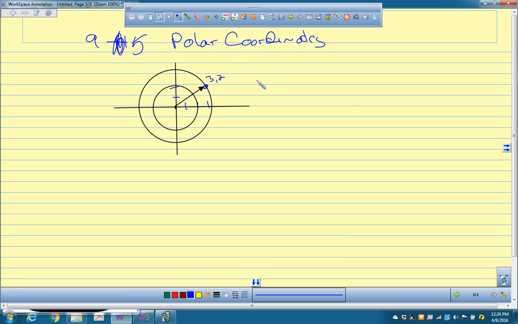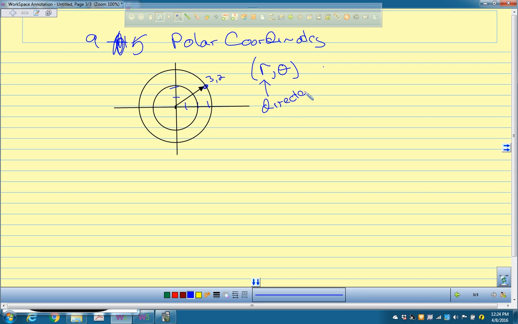Polar coordinates look like (r, theta), where r is called the directed distance, and theta is called the directed angle. This axis here is called the polar axis instead of the x-axis.